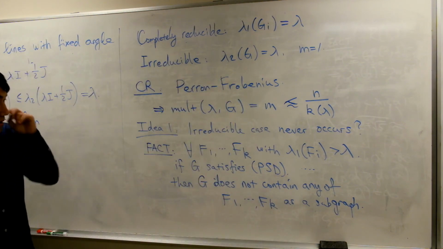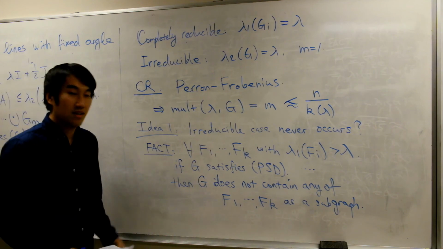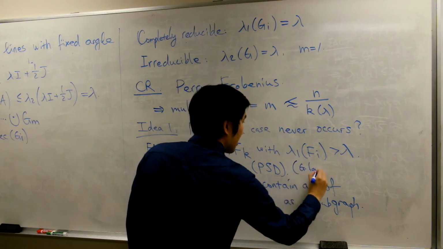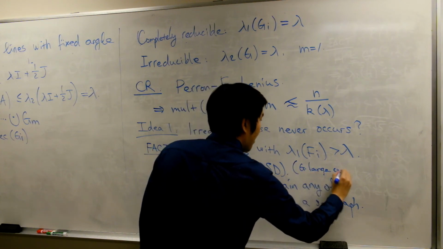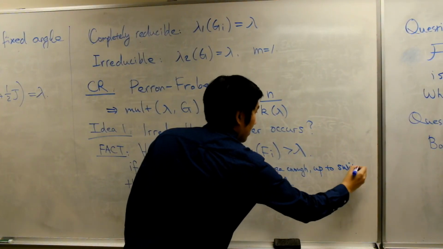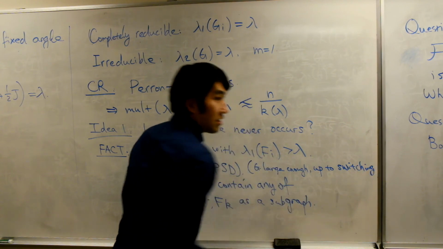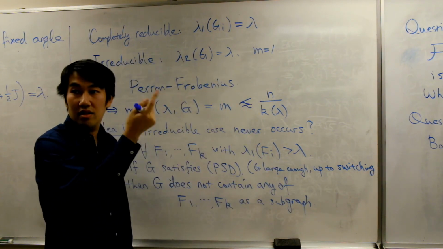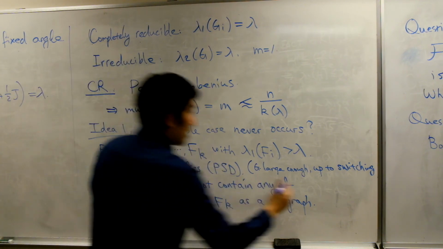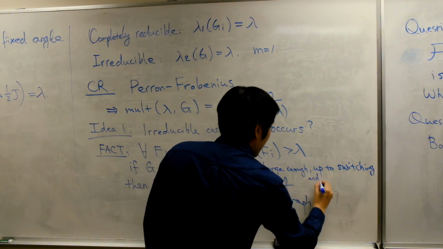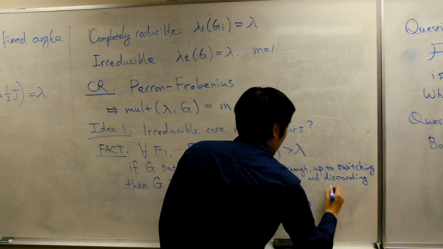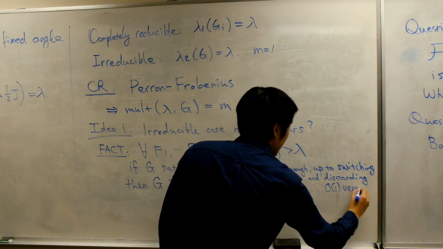Okay, so there are some small prints to this statement. G satisfies PSD, and G is large enough. It's a large graph, and I need to do some switching. There is still a notion of switching in graphs, as we can do switching for vectors, and up to discarding some constant number of vertices.